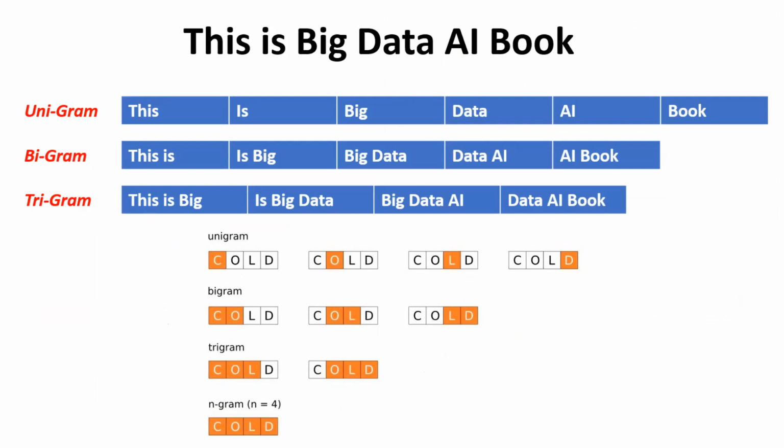Bigram gives you dual characters or dual keywords, and trigram gives you 3 characters or 3 letters.